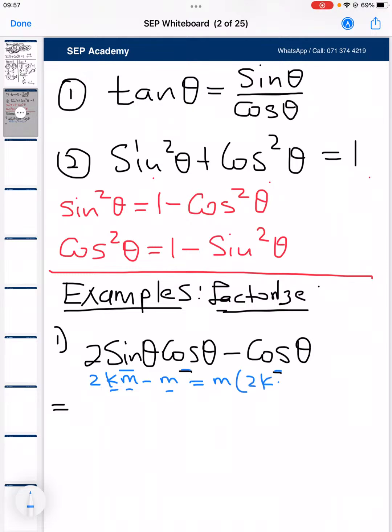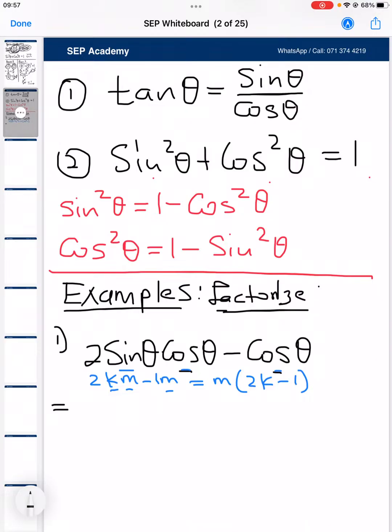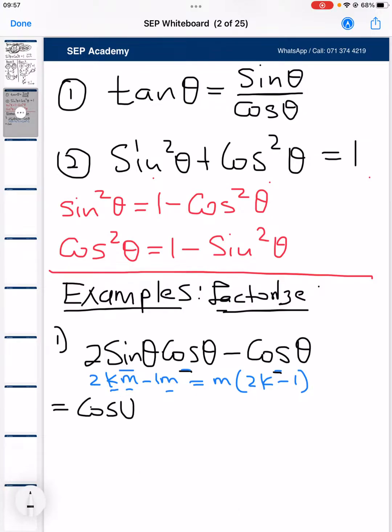You remain with 2k minus 1, being that invisible one there. That's it. But in this case, you are dealing with the trig ratios. Then in the end, you take out the cos of an angle as a common factor. Then you remain with 2 sine of an angle minus 1. That's it. Nothing complicated there, honorable member.